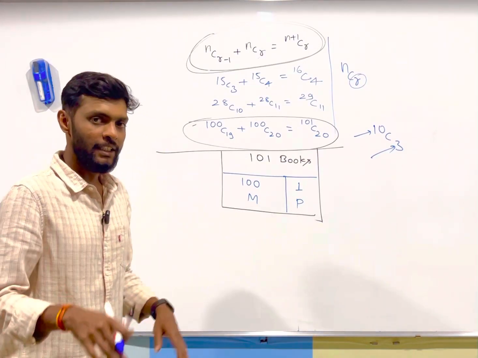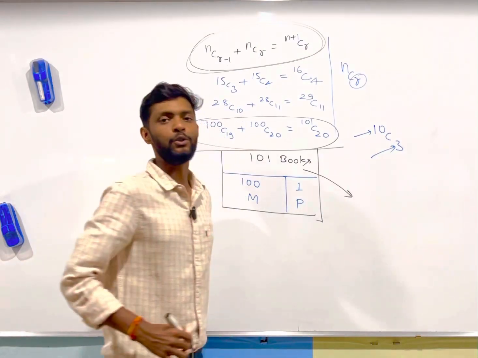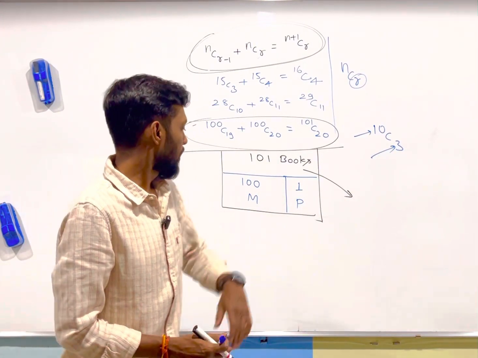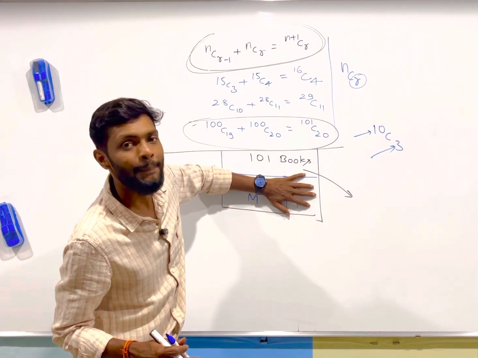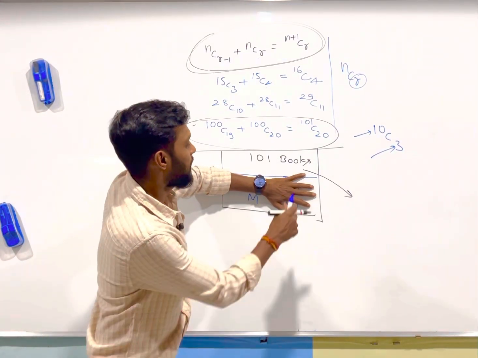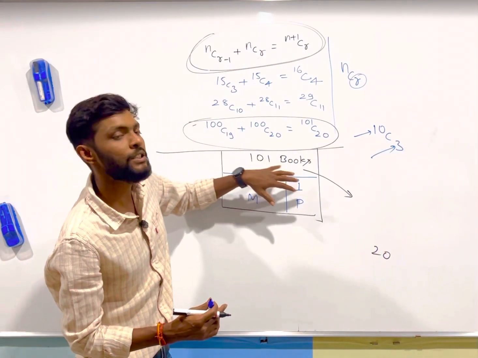Now the task is: you have to select 20 books out of these 101 books. Forget the inside information for a couple of seconds and complete the task.